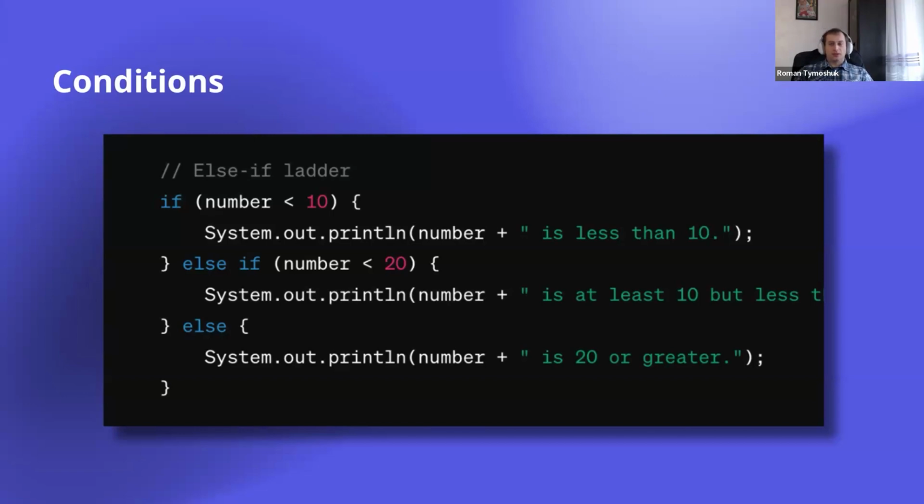And as you can see here, when the number is less than 10, you have the logic which prints it's less than 10, and otherwise you verify if it's less than 20 and print this number. And in the else statement, for any other conditions, you can see that your number is bigger than 20. Thank you, you're absolutely right. Let's go to the next one.